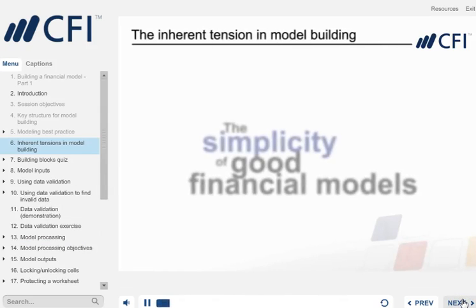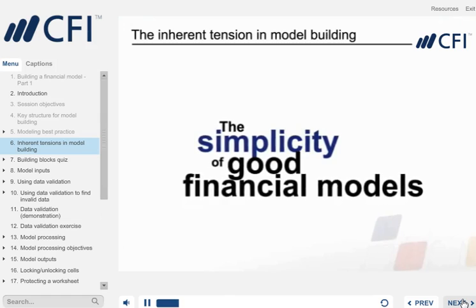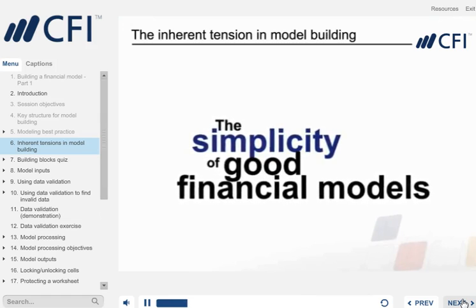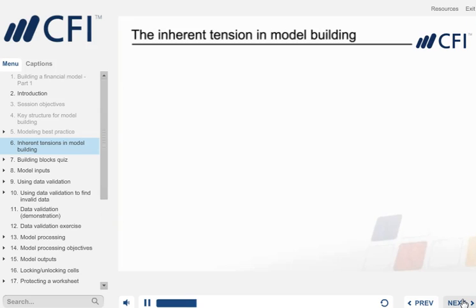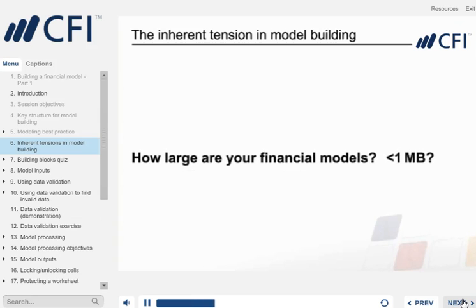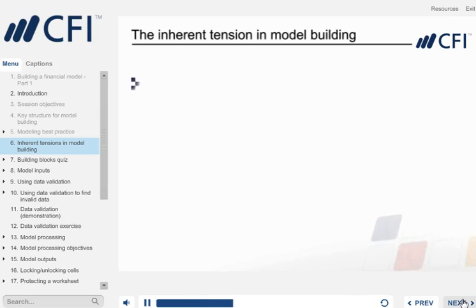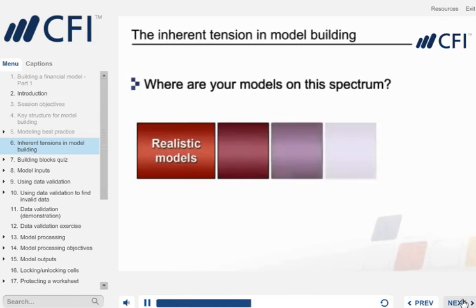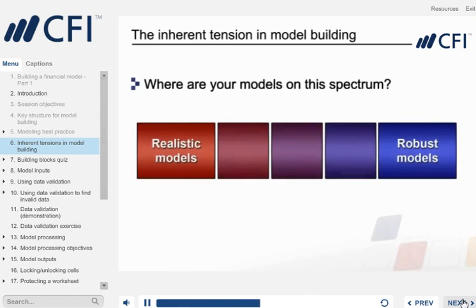The second point we referred to on the previous screen related to simplicity. Think about a financial model that you have recently built or used. How large is the model? Is it less than 1 megabyte or more than 10 megabytes? There is an inherent tension in model building between making your model realistic and keeping it simple and robust.